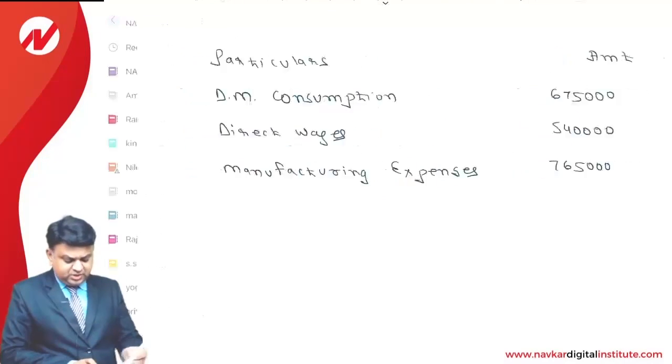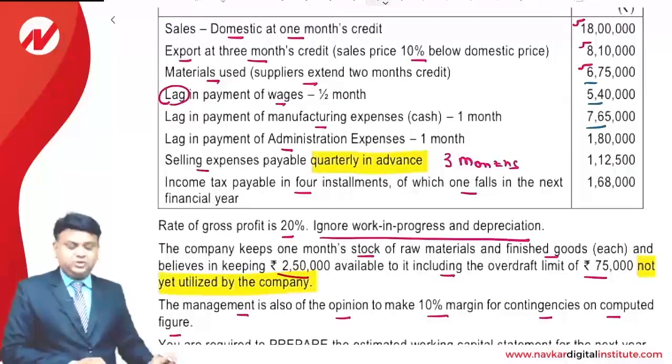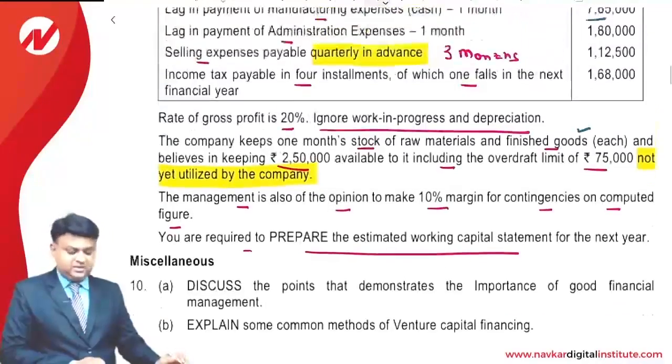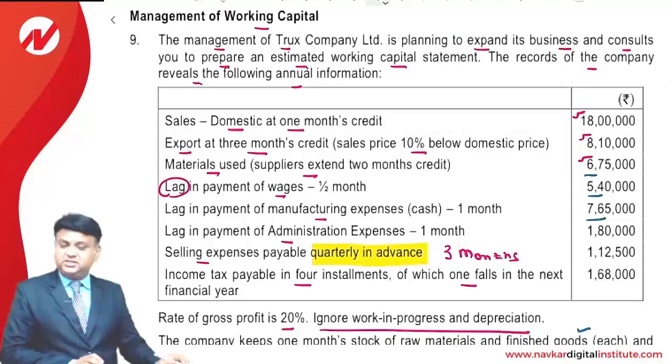Now, dear students, with respect to the calculation of the finished goods valuation, the institute is not having such a consistency in providing the suggested answer. Number of times the administration expenses are excluded, and number of times it is included for calculation of the answer.